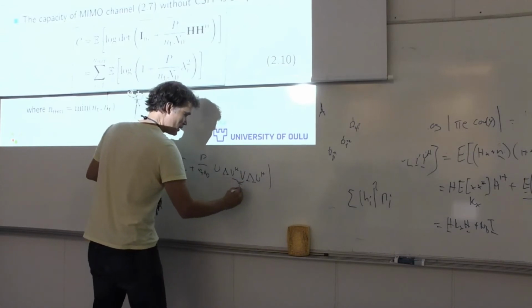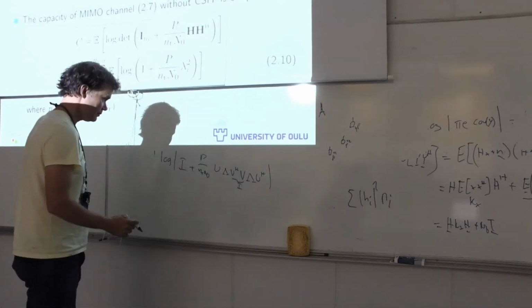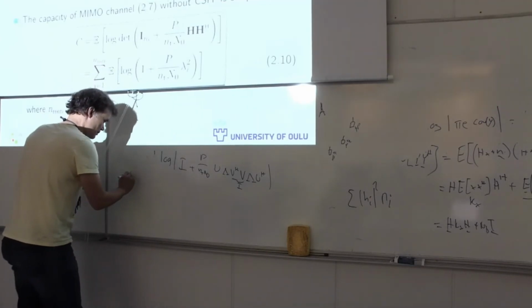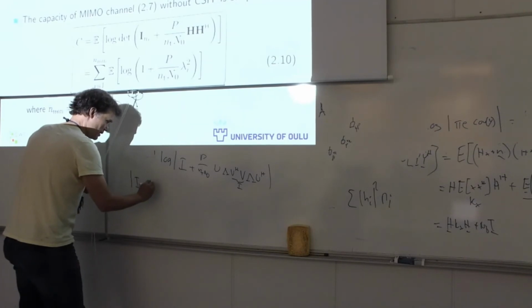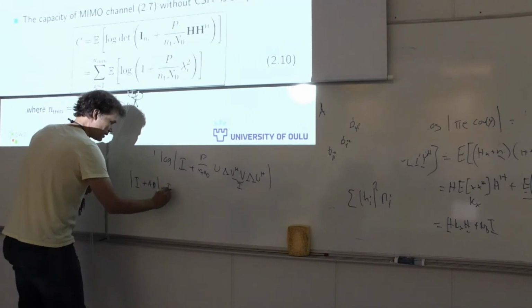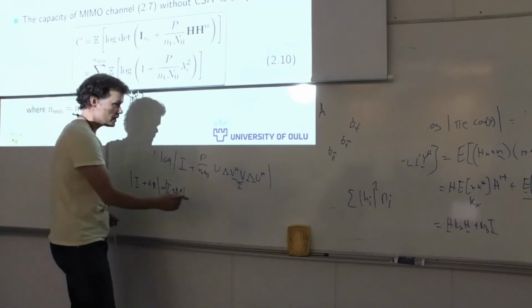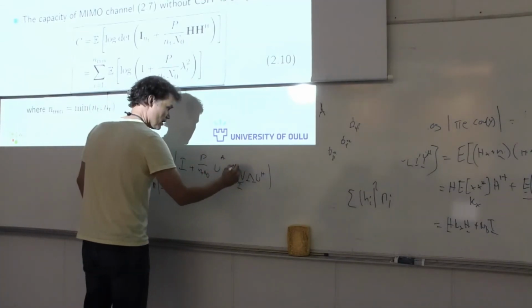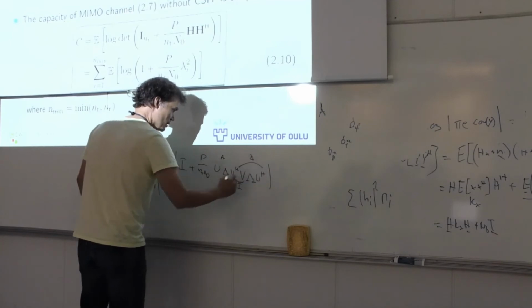This is your identity matrix. Then again we can use the rule that the determinant of I plus AB is equivalent to the determinant of I plus BA. We declare this one to be A and this one to be B.